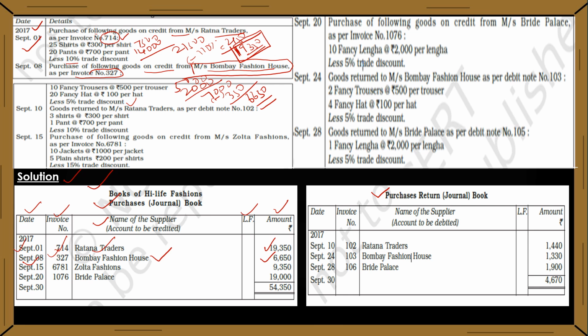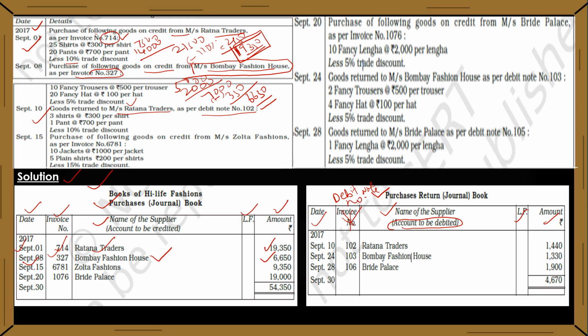Next is September 10, goods returned to Messrs. Ratna Traders as per debit note number 102. So now it is the purchases return journal book. Okay, the format is date, debit note number, name of the supplier, account to be debited, LF, amount. Here invoice number will not be there. Sorry, it will be debit note number. Okay.